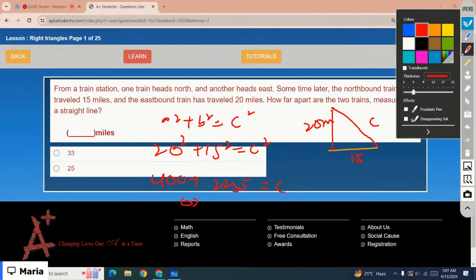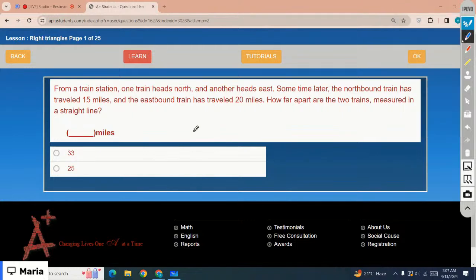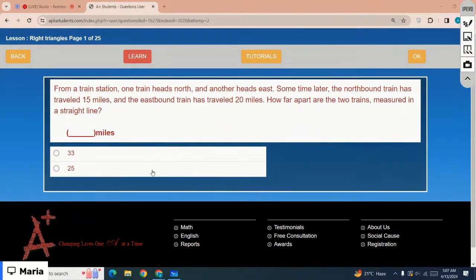So that is 625, and 625 is equal to c square. So c equals 25. The correct option is c equals 25. Got it? Option number one is the correct option, right? Sorry, the second one.